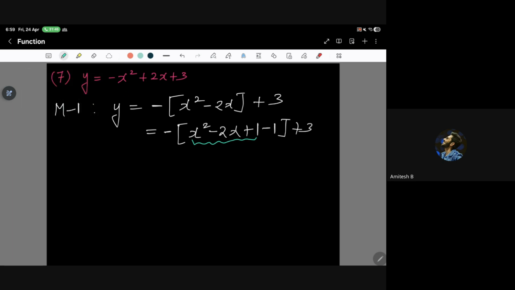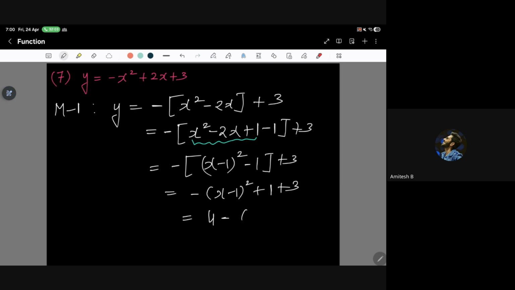So this will become your perfect square. So this becomes minus of x minus 1 whole square plus 1 plus 3, so 4 minus x minus 1 whole square.